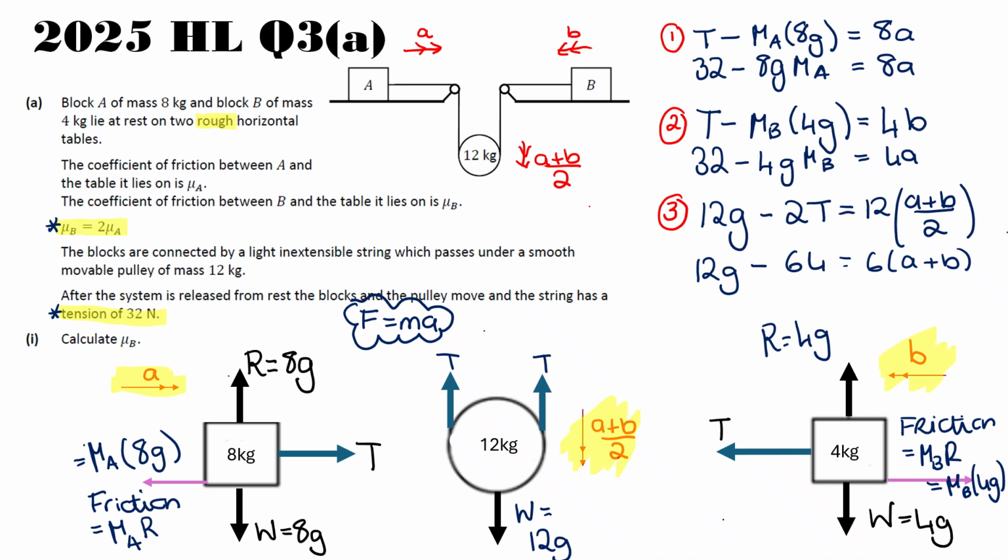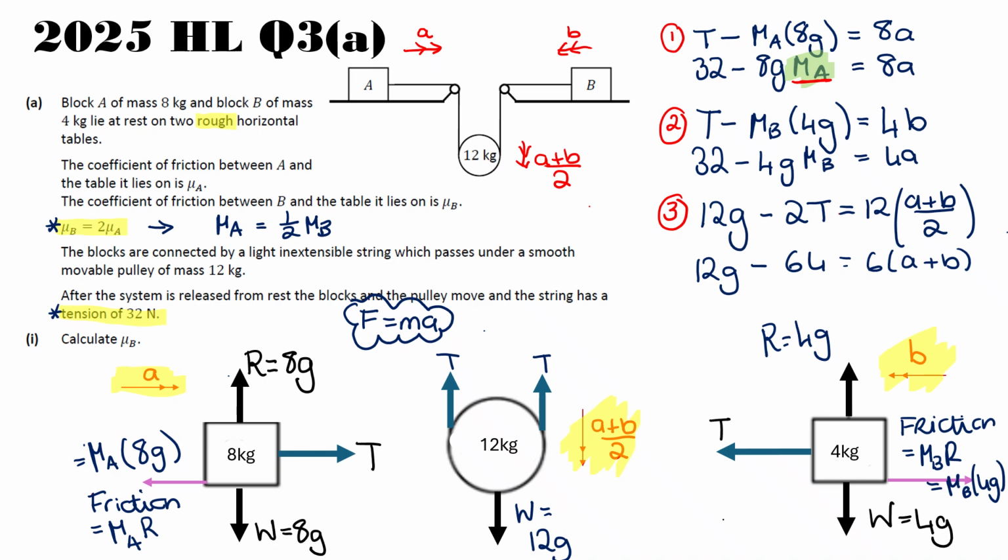Now, because we want to find mu b, it would be much better for us if we replaced mu a with mu b. So mu b is equal to 2 mu a. So we can rearrange that into being, well, mu a is equal to a half mu b. So we can put in a mu b in here with a half.